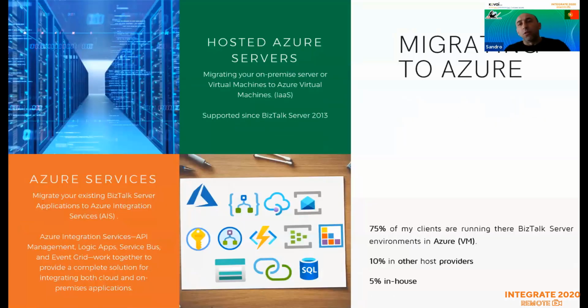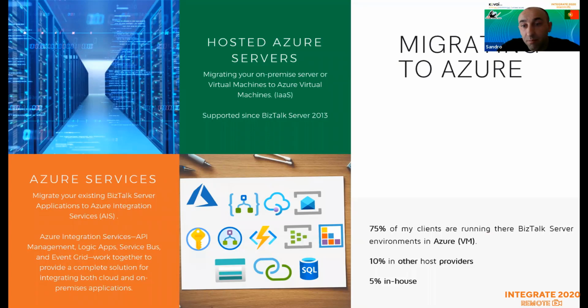So if you go to the option migrate to cloud, there are two options in this situation. First is migrate as infrastructure as a service. So you are just migrating your virtual machine to the cloud and running on the cloud.